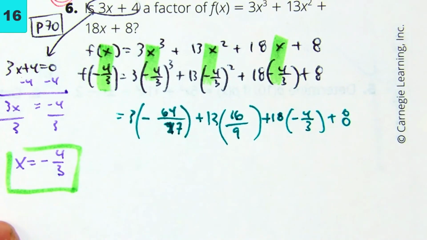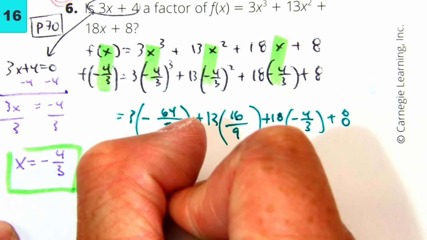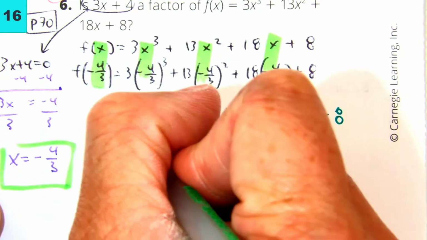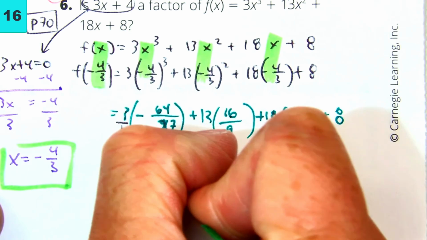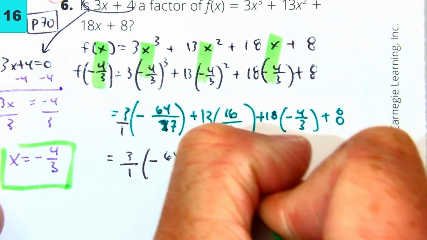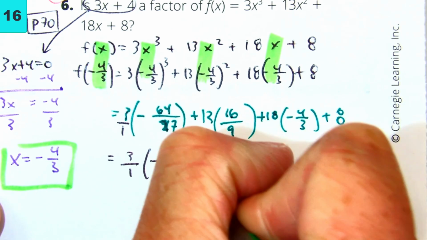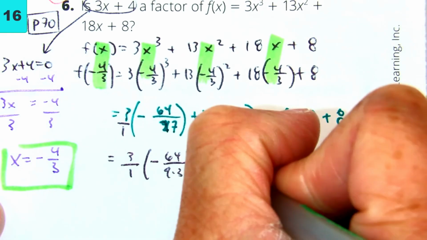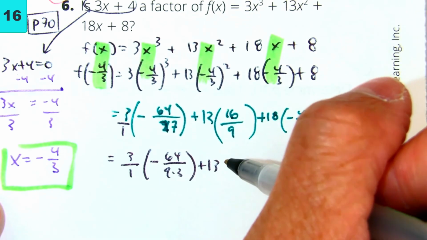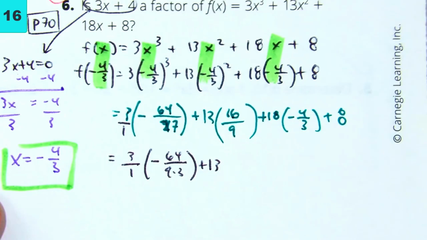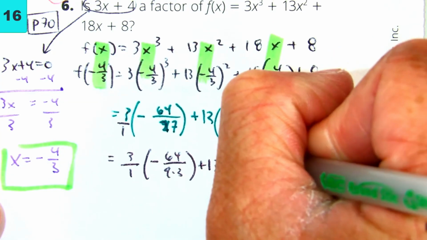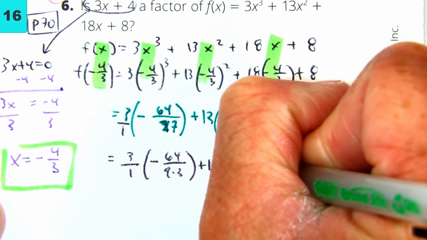Okay, so I'm going to show you guys how I simplify my fractions. It looks kind of long, but I think you'll understand why they do things called cross-canceling. So I'm going to write 3 over 1 times negative 64 over 9 times 3. And then 16 I'm going to write as 16 over, I guess that's the same.